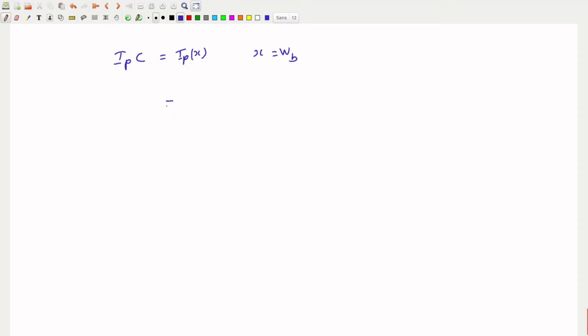So that this can be written as QA dP by Lp, C1 e raised to minus Wb by Lp minus C2 e raised to, no, there is no minus, Wb by Lp.